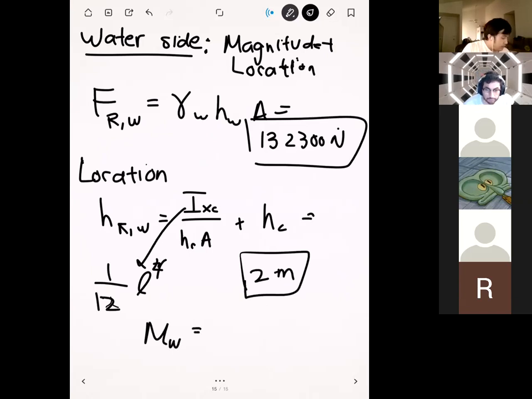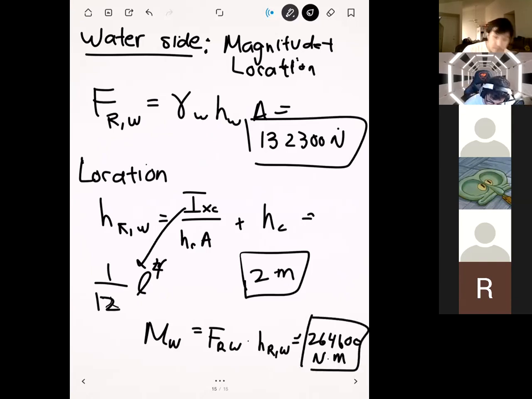And so the moment is simply FRW times HRW, which is equal to 264,600 Newton meters. Just like we did with the gate problem, we computed the magnitude and the location of the force.